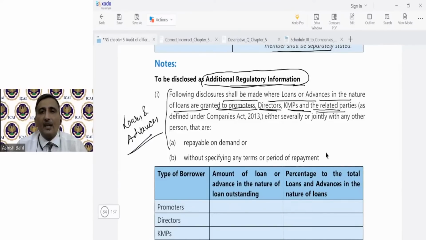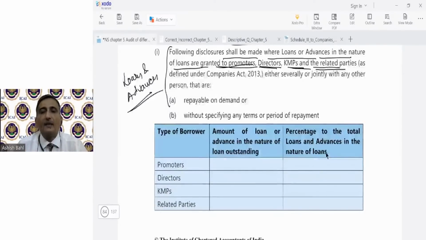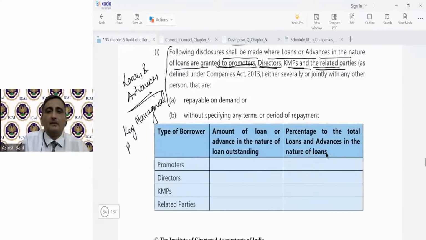Yes, what is KMP? Yes, remember, students, you remember the meaning of key managerial person under Companies Act. Key managerial person. Yes, where it is defined?